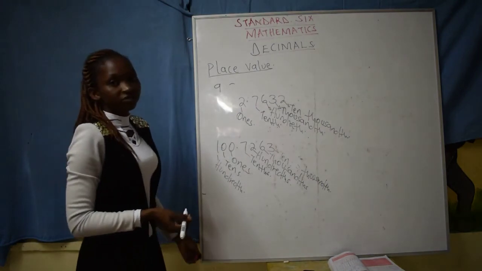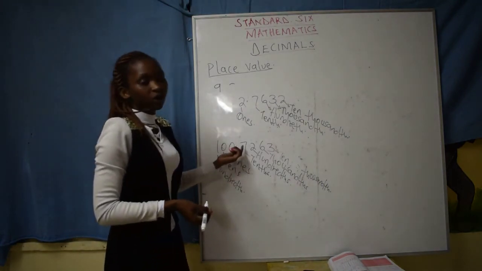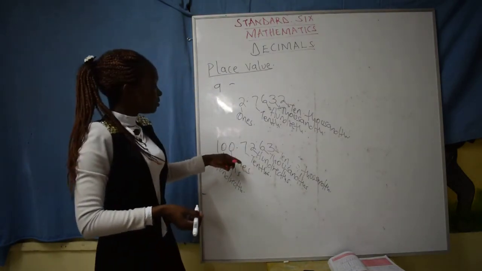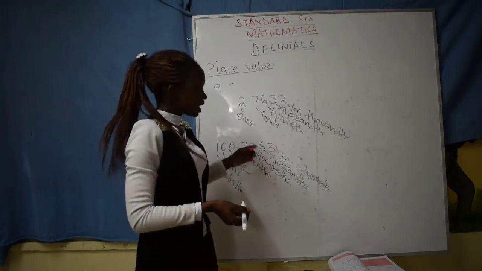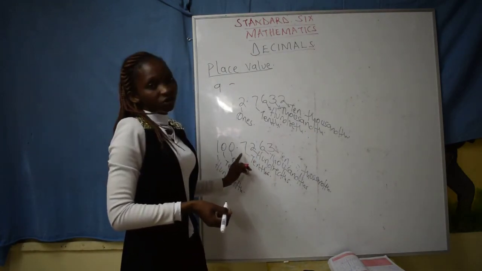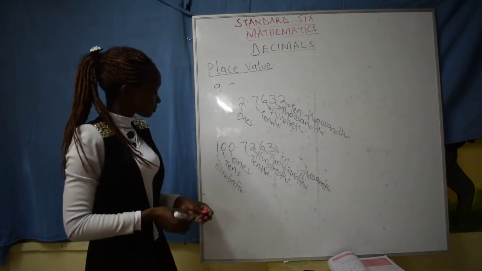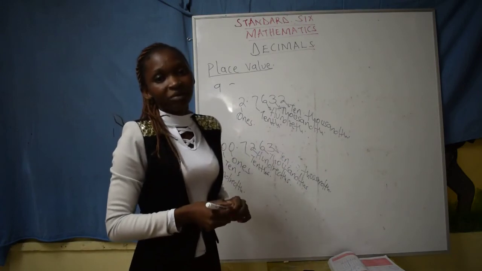So if you are given any number for which you are supposed to find the place value, please remember that after the decimal point we begin with tenths, because it's written as 1 over 10, which is 0.1 with one decimal place. So did you find it difficult, class? It's a bit simple.